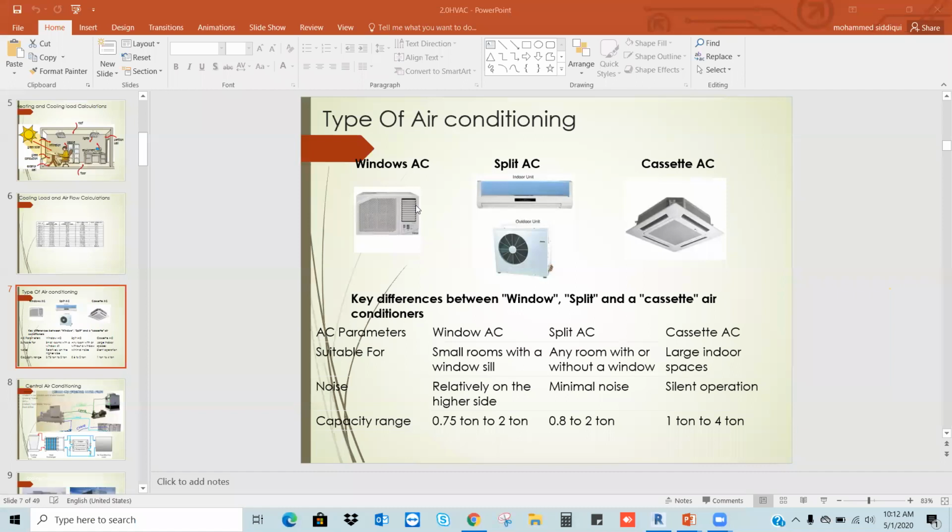What I do is create the 3D model of this window AC. And if I am using a split AC system, we have two components. One is the outdoor unit, another is the indoor unit. The indoor unit we keep within the room, the outdoor unit we place outside of the building. And we connect these two systems with refrigerant pipe.